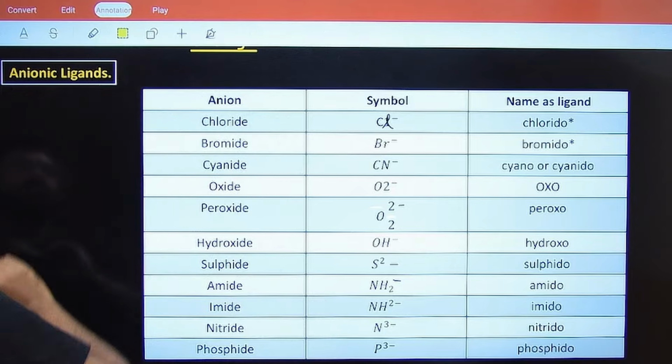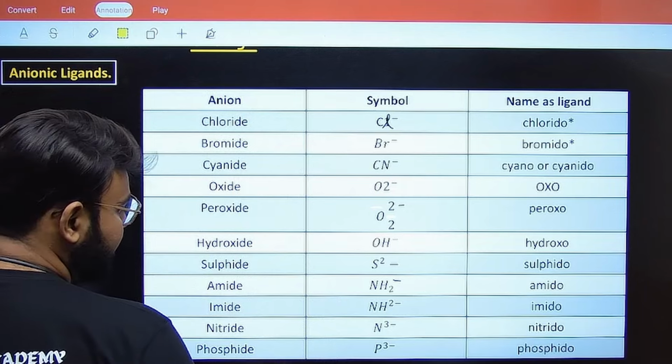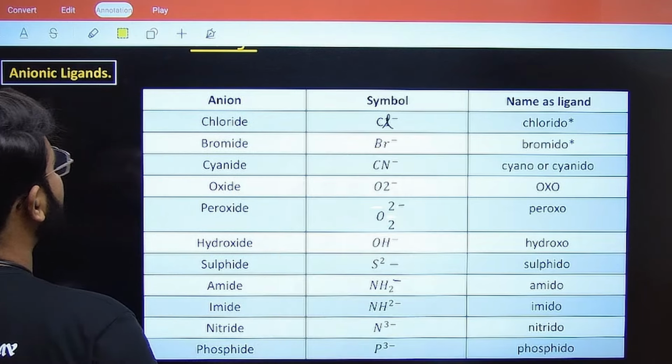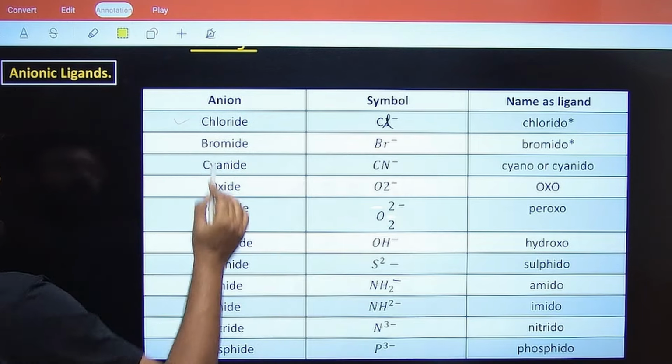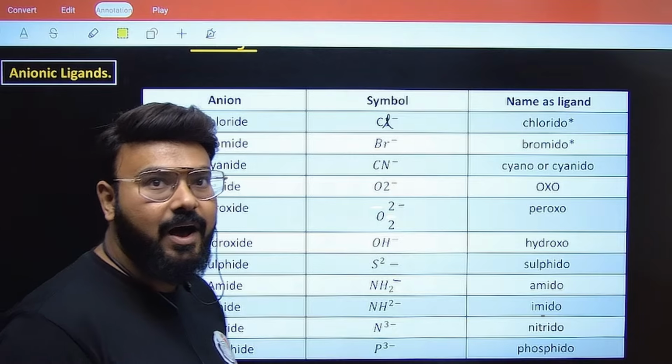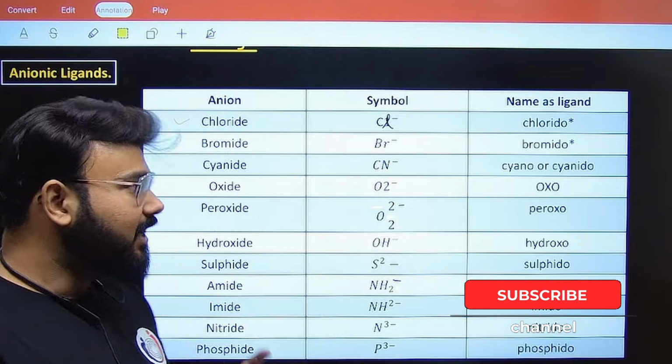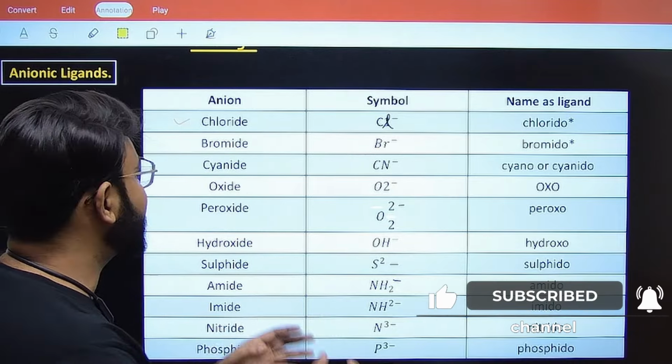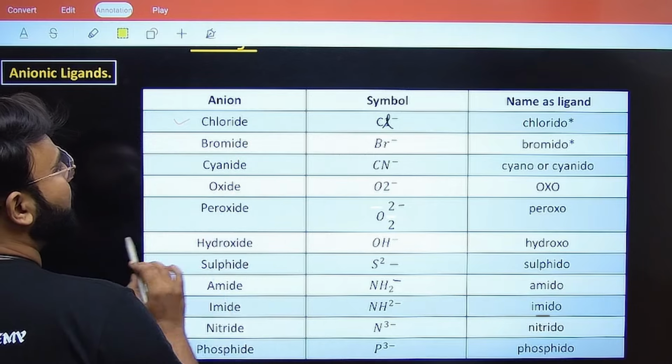In this case, the very first example is chloride. Understand, whenever you have a negative ligand, see, Cl minus is called chloride.